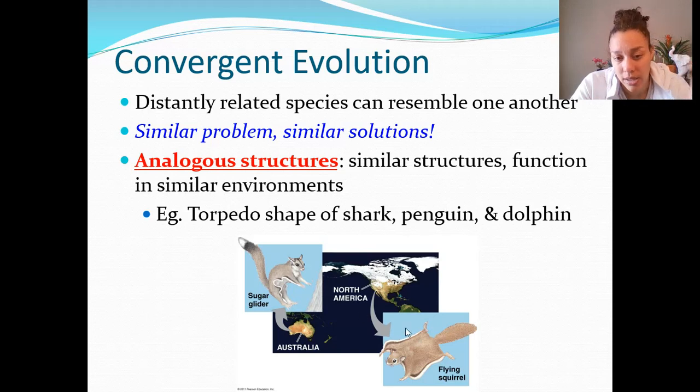We've got our flying squirrels or our glider squirrels in different geographic locations, but the same general need. And this one up here, the shark, penguin, dolphin, is talking about their needs for underwater pieces to keep them warm. Right, so like blubber and that sort of thing.